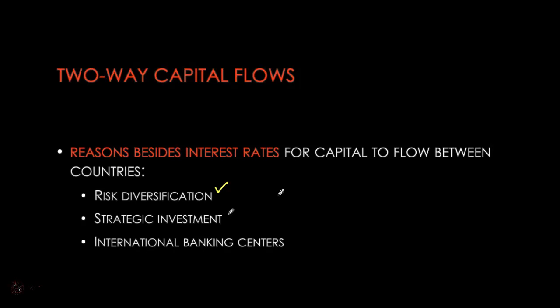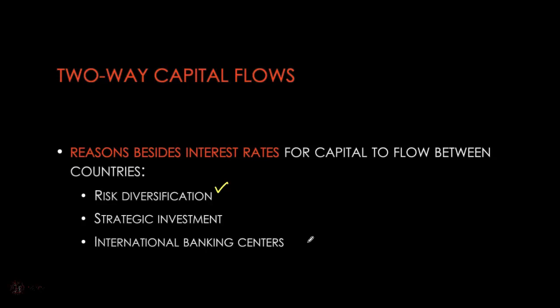Lastly, we have certain countries or cities as global capital centers or global banking centers. Now, these banking centers are your London, New York, Hong Kong, Tokyo. We see these economies or these cities, in some cases countries, are going to attract capital regardless of the interest rates over there. So global capital will gravitate towards these international banking centers, and from there it will be reinvested in other economies or other parts of the world.